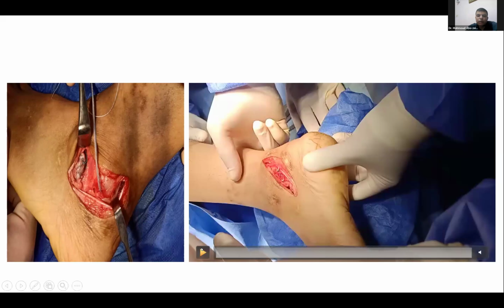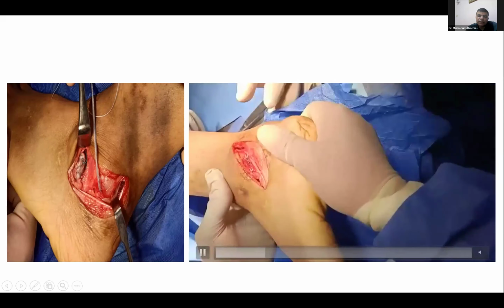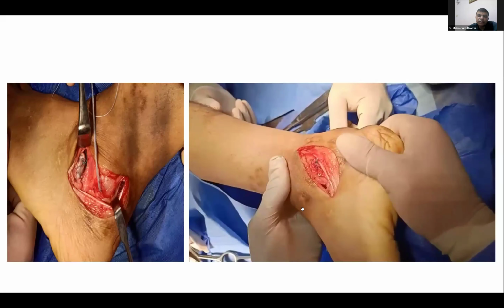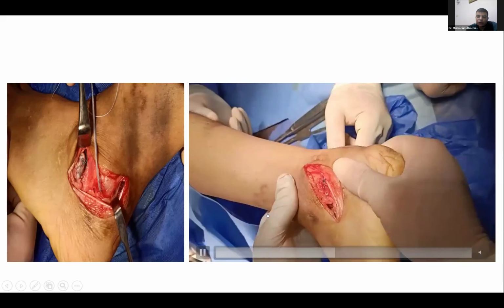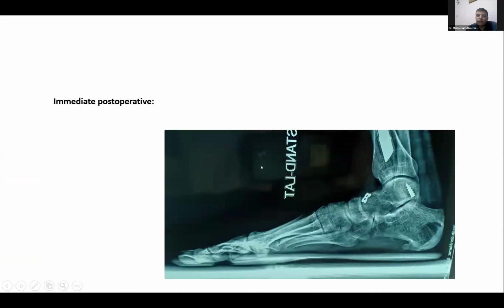This is an intraoperative video after the interosseous calcaneal ligament reconstruction with repair of the calcaneofibular ligament. This is the immediate post-operative standing X-ray.